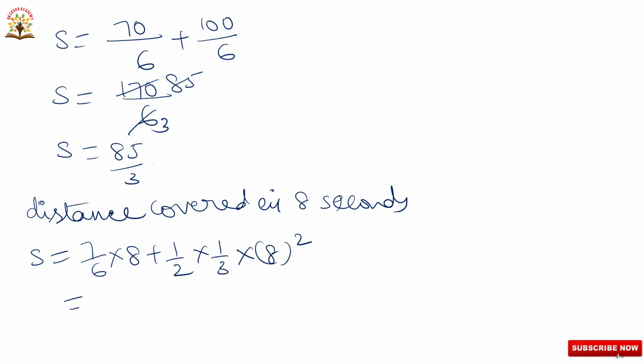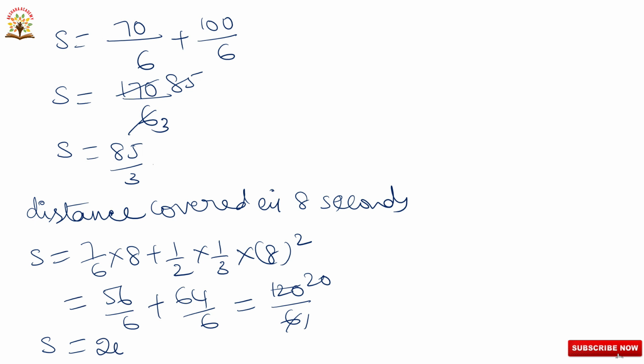So that is equal to 8 sevens are 56 by 6 plus 8 eights are 64, 64 by 6. That implies 56 plus 64 is 120 by 6. So S is equal to 20 meters. Here the total distance in 10 seconds is 85 by 3 meters.